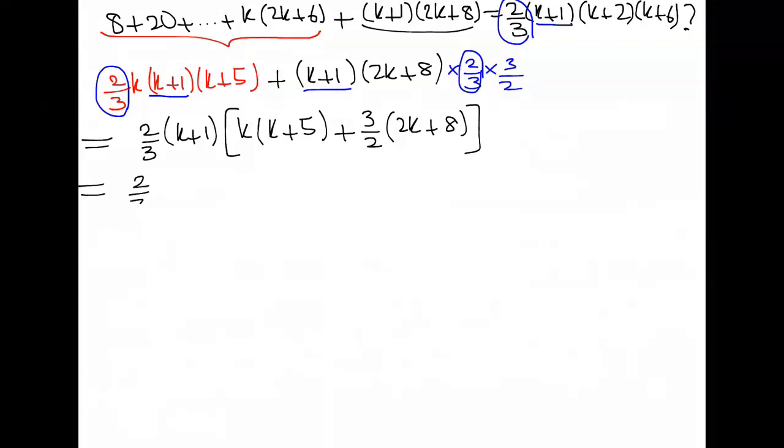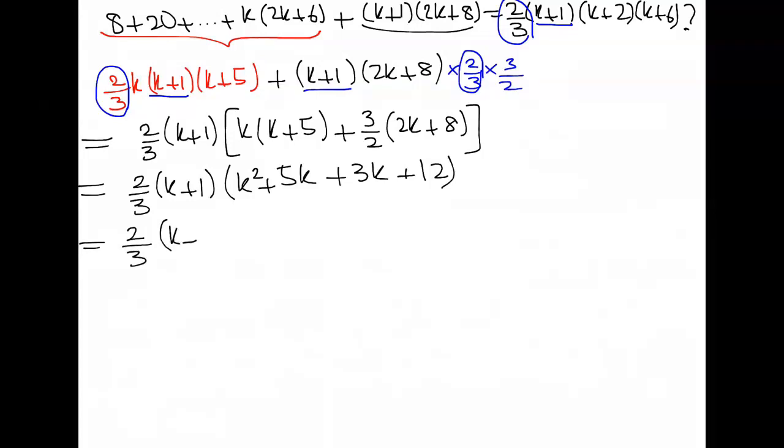I simplify the terms in the brackets. I end up with k squared plus 5k. 3/2 times 2k is 3k. 3/2 times 8 is 3 times 4, which is 12. So by simplifying those, I end up with 2/3 into k plus 1 into k squared plus 8k plus 12.